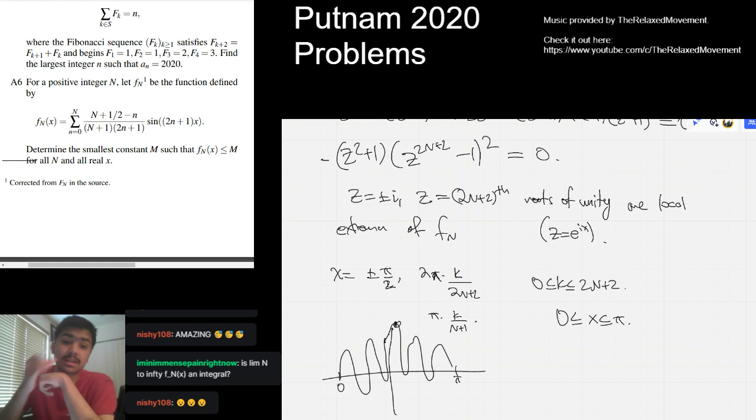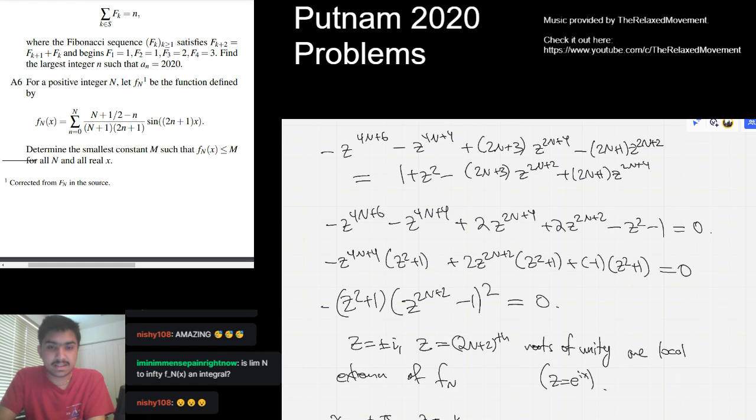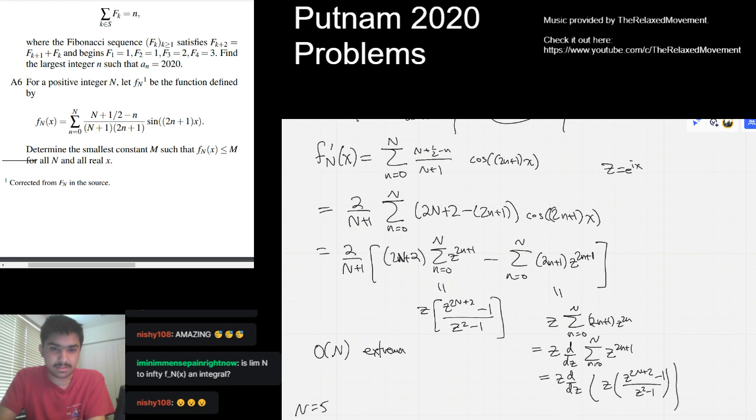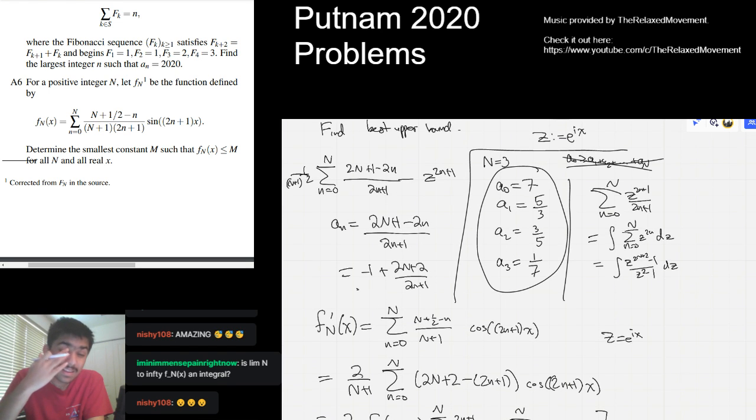Okay, I'm desperate right now, so I'm going to do something really bad. It's going to be a whole bunch more computation. If I now go back to... Because I know z to the 2n plus 2 is equal to 1, which potentially makes life a lot easier.